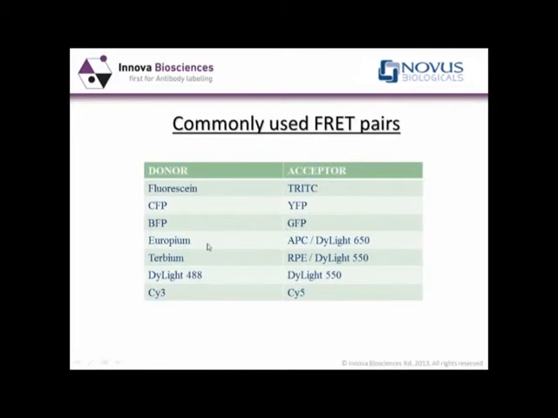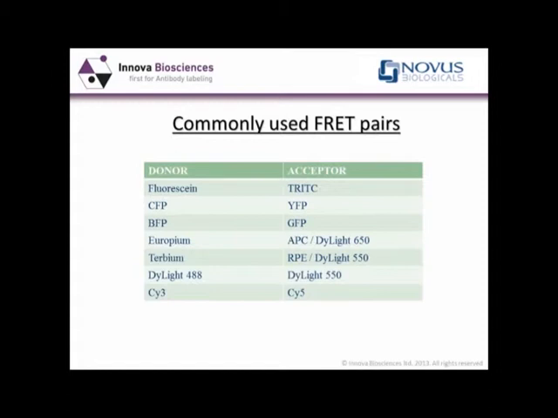Then you have a group using the lanthanide rare earth metals, europium and terbium, which again are a very popular set of pairs. Europium very commonly with allophycocyanin, or more recently with DyLight 650, and terbium with a number of acceptor molecules, including phycoerythrin and DyLight 550.